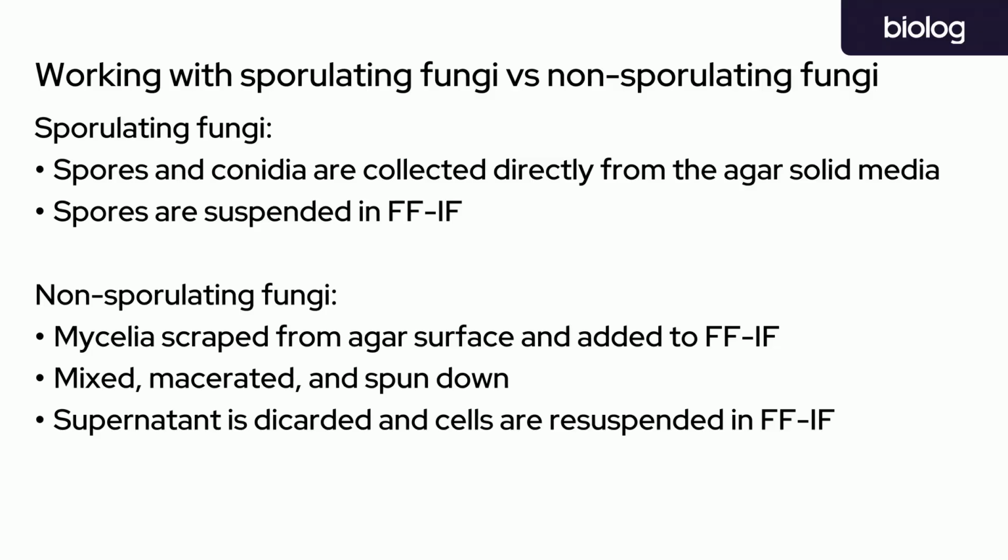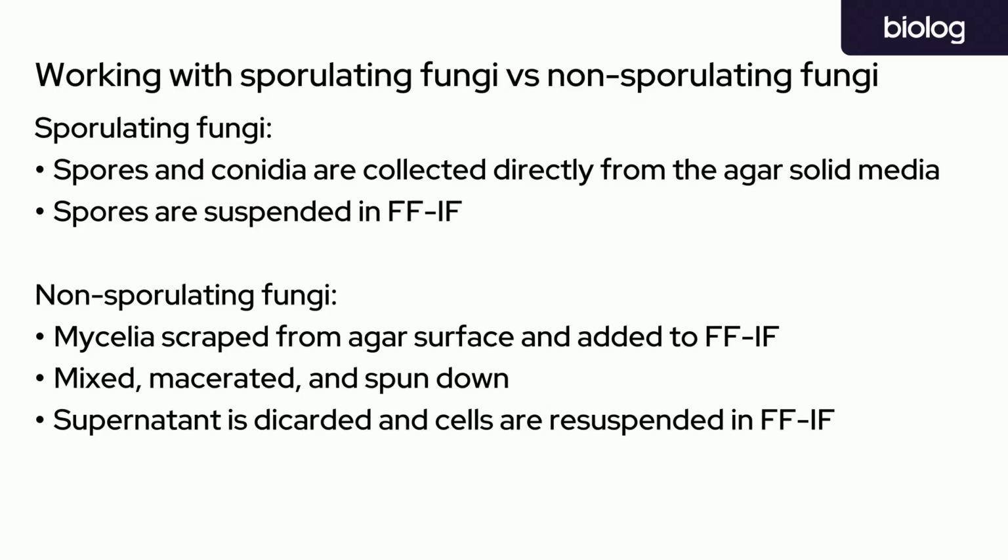For the non-sporulating strains, you can scrape some mycelia from the agar surface, being careful not to get agar because that can introduce additional carbon into the assay that we don't want. Then that can be mixed and macerated a bit.